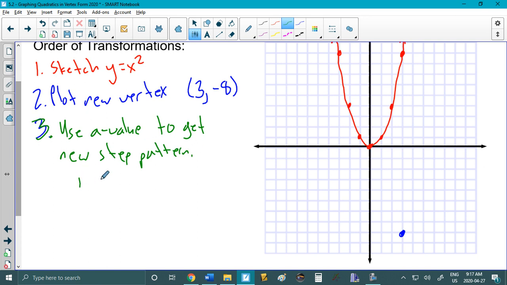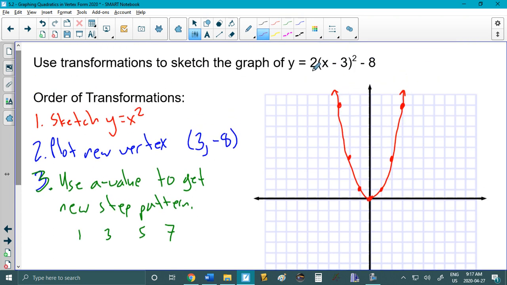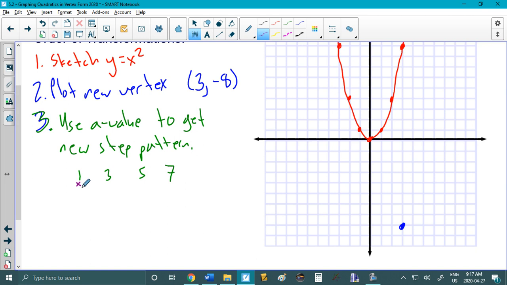Remember, the original is 1, 3, 5, 7, and in this case our A value is 2, so we multiply each of these by 2. So 2, 6, 10, 14.